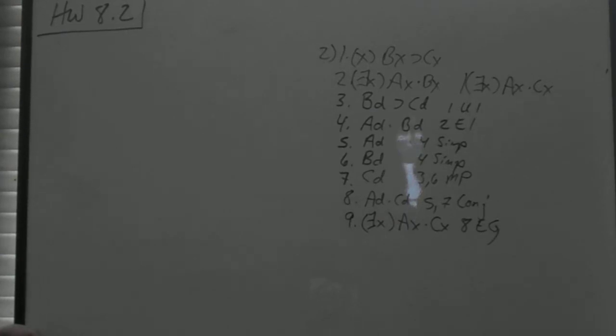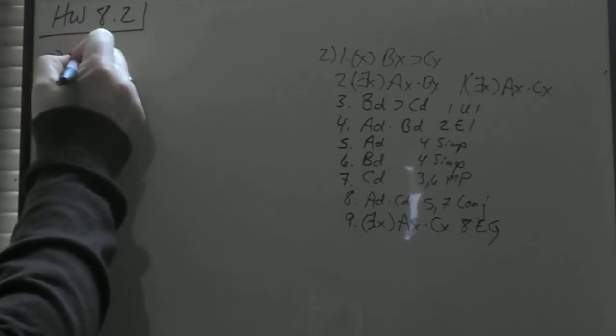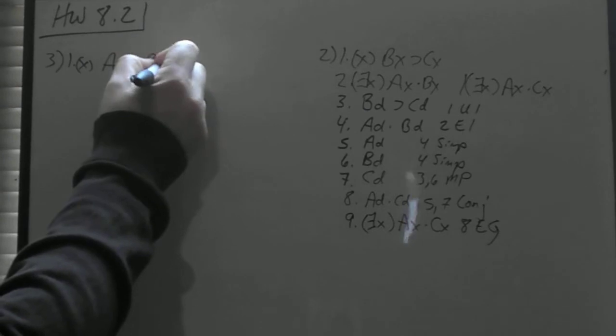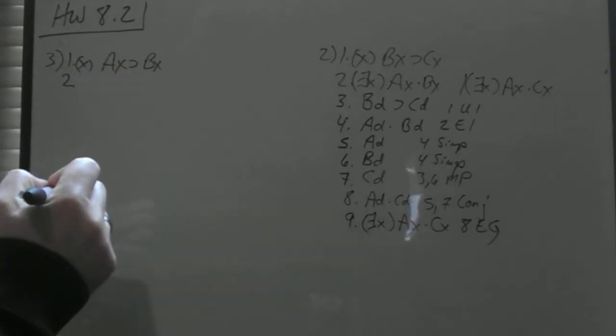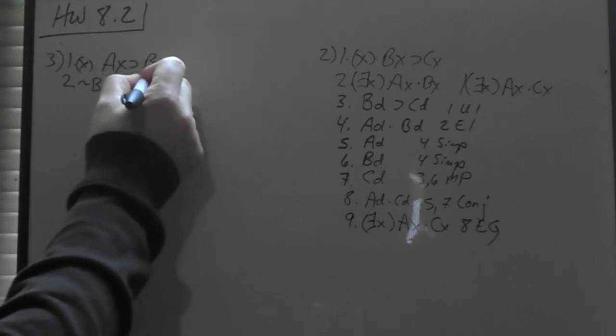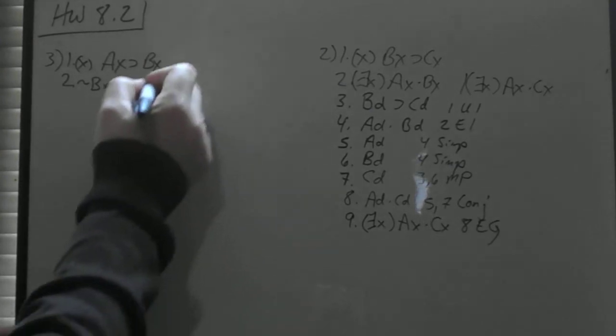Number 3, we have on line 1 the universal quantifier, if AX then BX. On line 2 is not BM. Therefore, the conclusion, existential AX and CX.